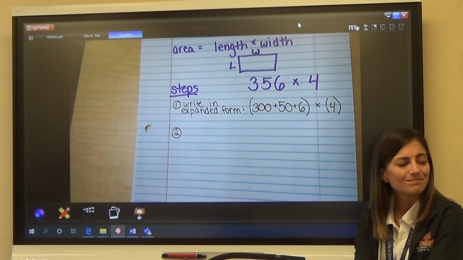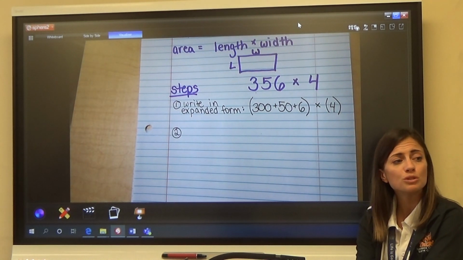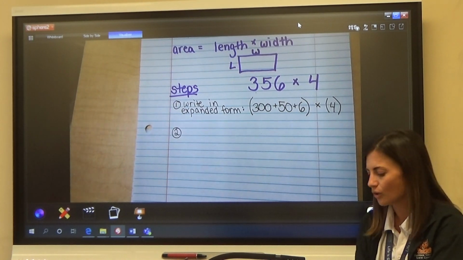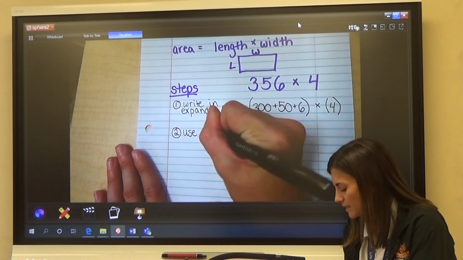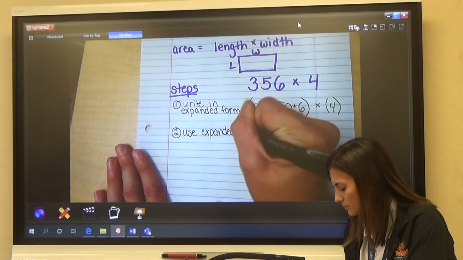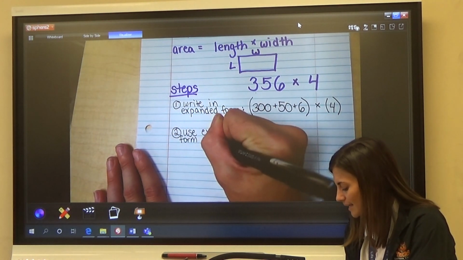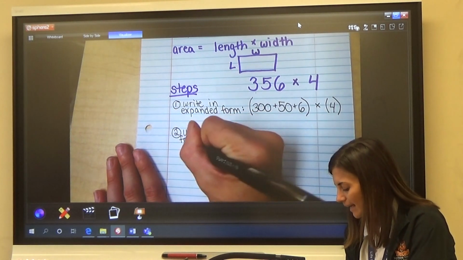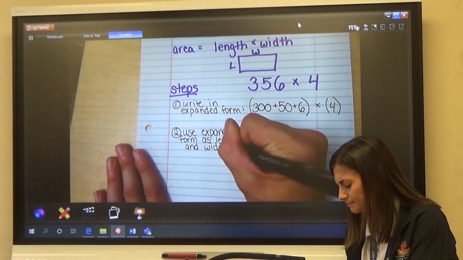Once you've done that, step number 2 is to use your expanded form as the length and width of a rectangle. What do I mean by that?